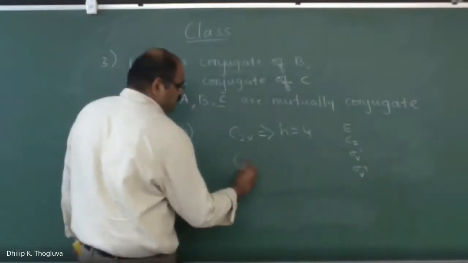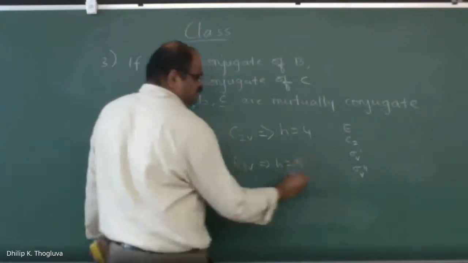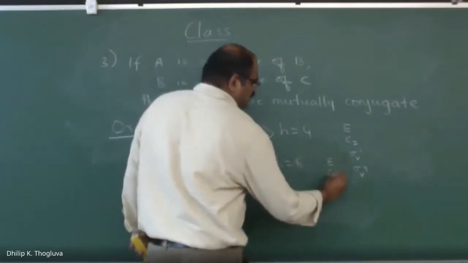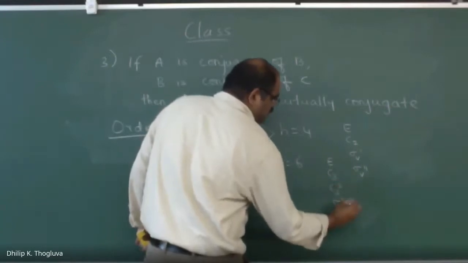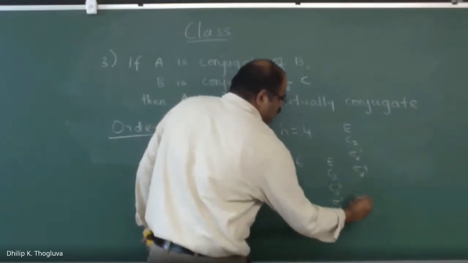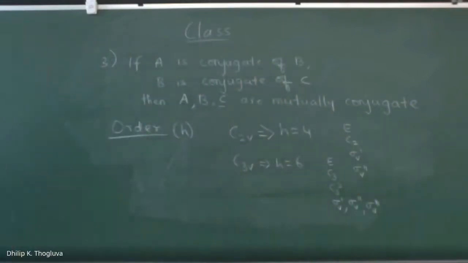And C3v, how much did we get for its order? 6, I think, right? So we got E, C3, C3 squared, sigma v prime, sigma v double prime and sigma v triple prime. So h is 6. The order is 6 in the case of C3v. So order is the number of elements present in the point group.